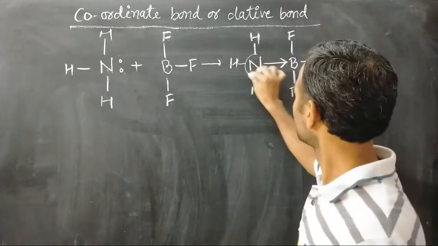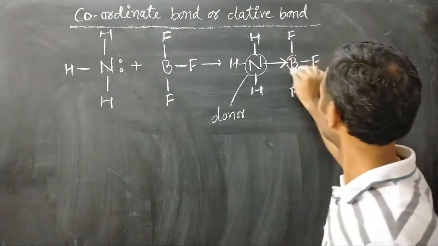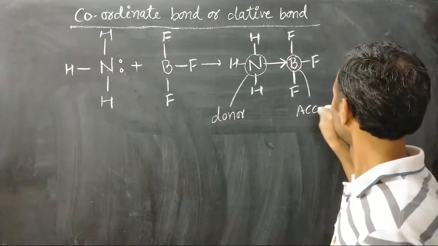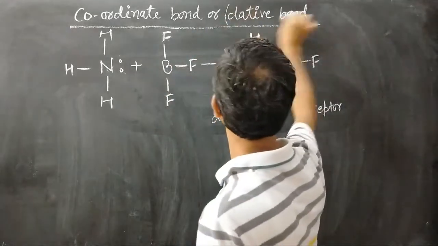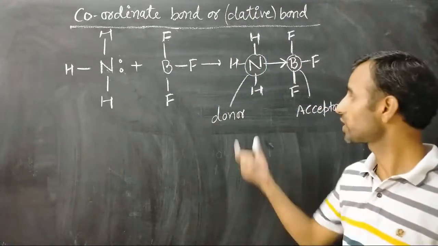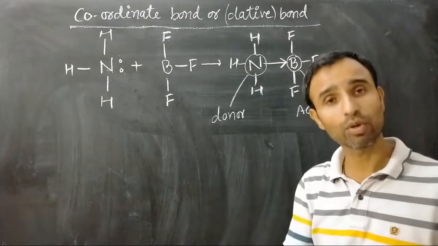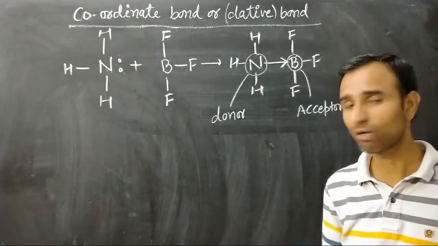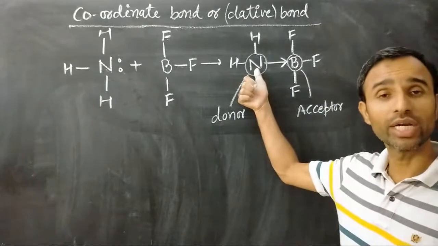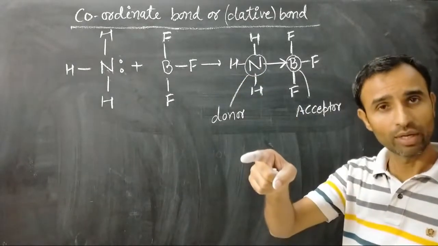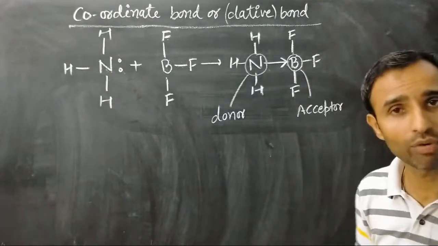So here nitrogen is the donor and boron is the acceptor. That is why it is also called a dative bond. There is donation of the pair for sharing, and that shared pair comes from the same atom. In a covalent bond, there is a 50-50% share, but here 100% share is from a single atom, and that is shared with the other atom which is deficient of electrons.